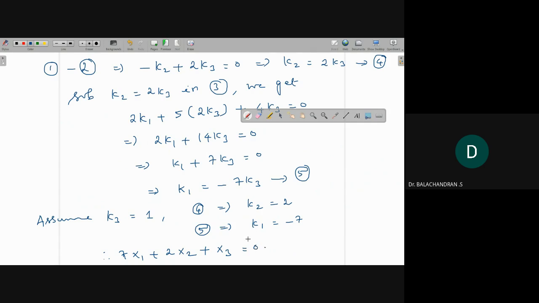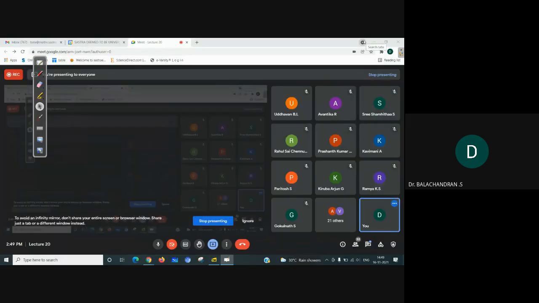So what is the conclusion? The vectors x1, x2, x3 are linearly dependent. Very good, Paritosh.